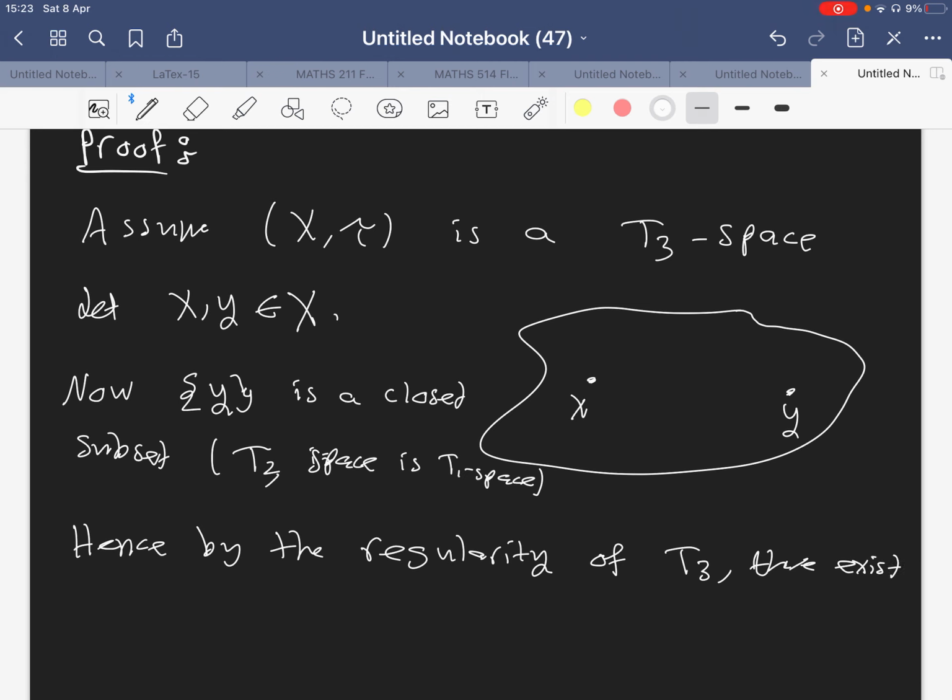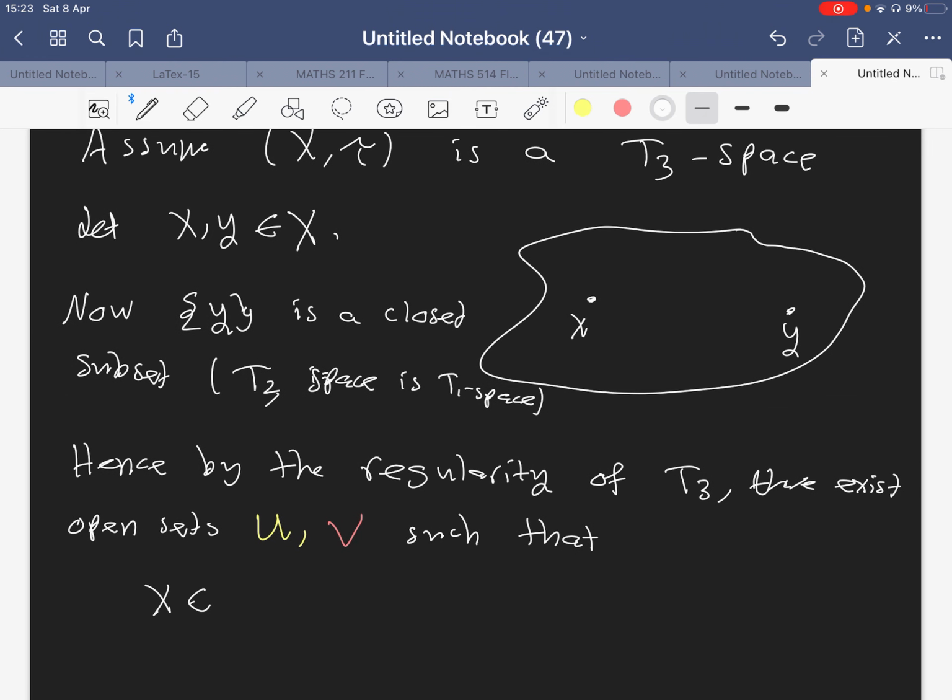So there exist open sets U, V, such that X belongs to U, the singleton Y is a subset of V, and if we take the intersection, it is empty.